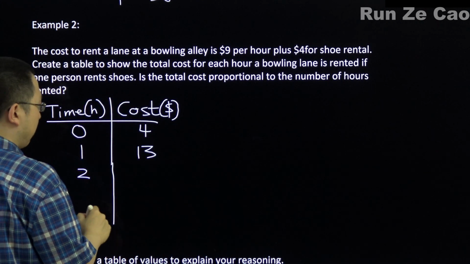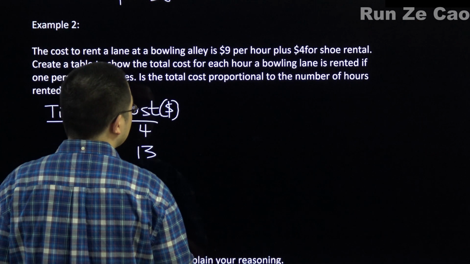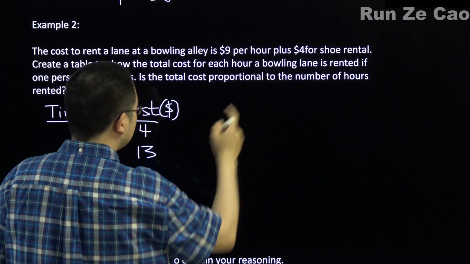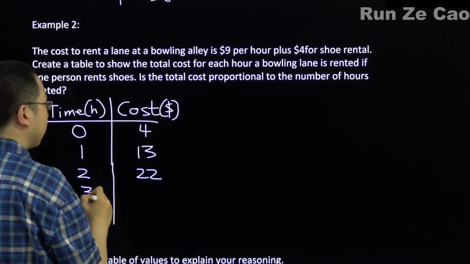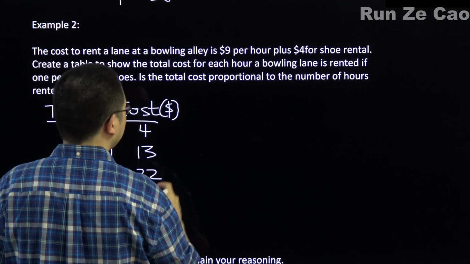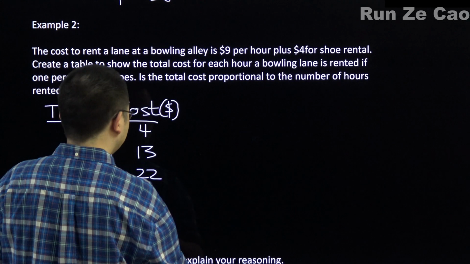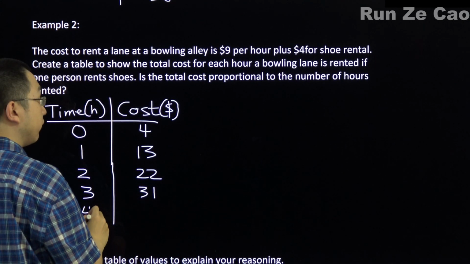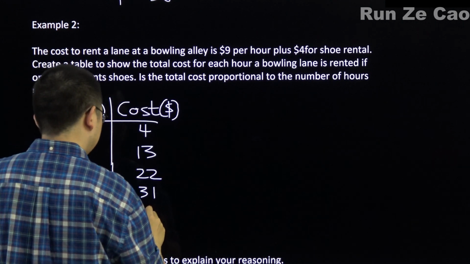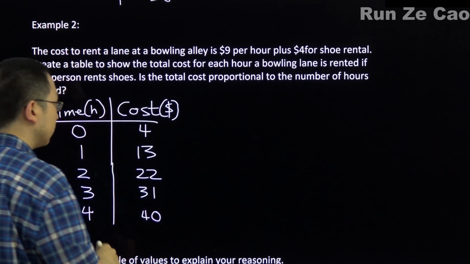If you have it for 2 hours, the cost is 18 plus 4, so 22. 3 hours, you have it for 27 plus 4, so 31. And for 4 hours, you have $40.